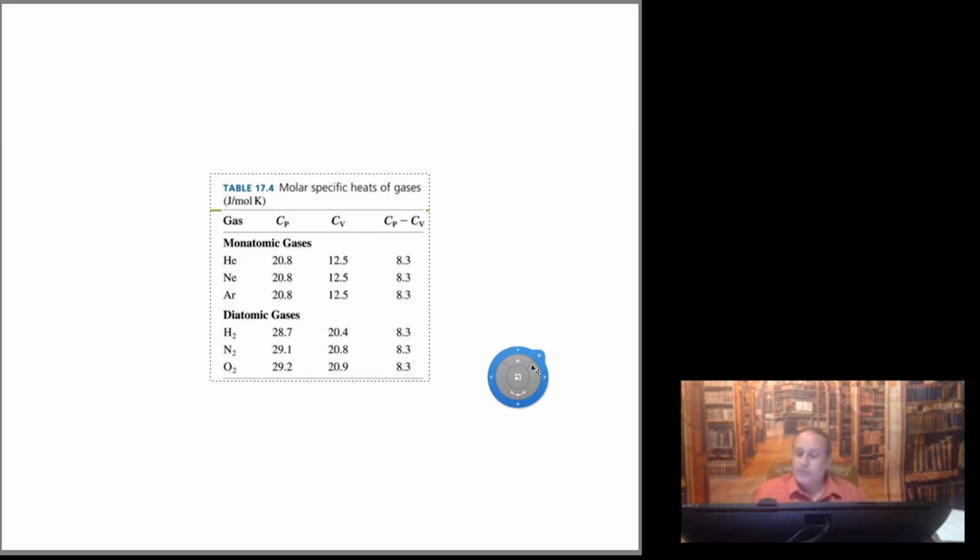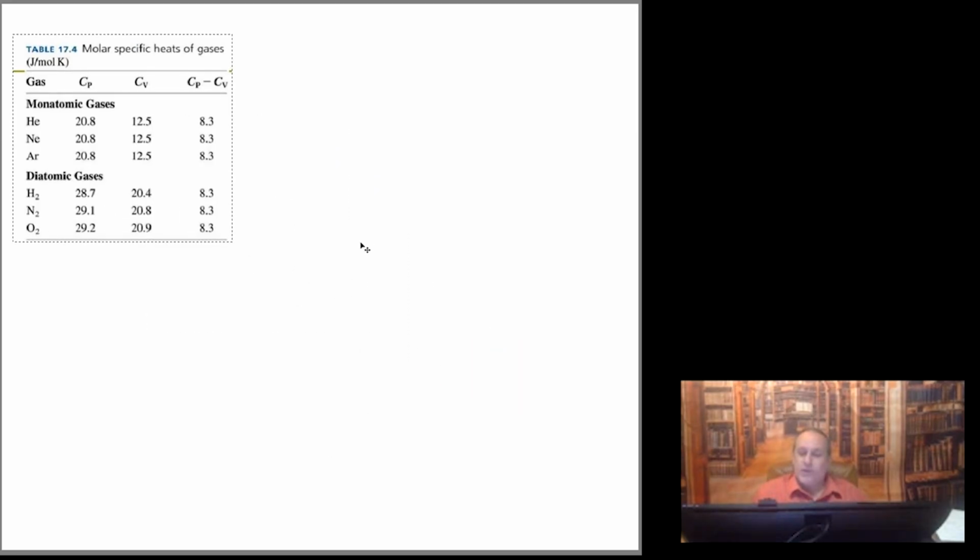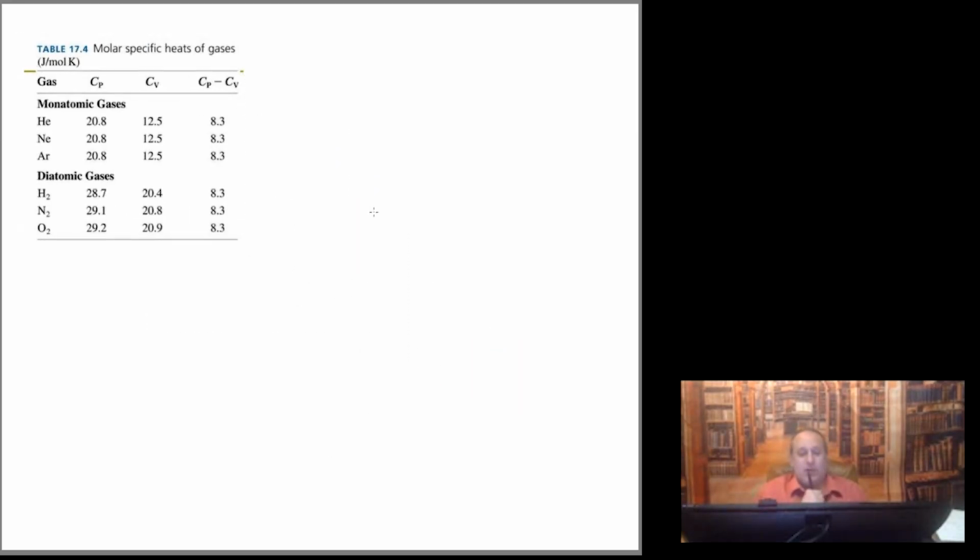So let's take a look at some data. Okay, so here's a table. These are data. CV for a monatomic gas, our theoretical prediction is 3/2 R, which is 1.5 times 8.31.